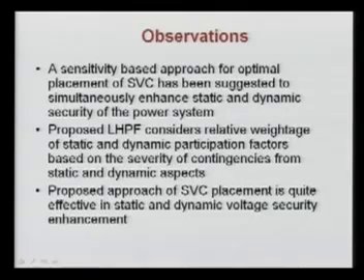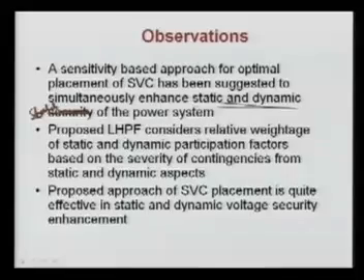A sensitivity based approach for optimal placement of SVC has been suggested to simultaneously enhance static and dynamic stability of the system. Here we are talking about the stability of the system, not the security. The proposed hybrid participation factors consider the relative weightage of static and dynamic participation factors based on the severity of contingency from the static and dynamic aspects.